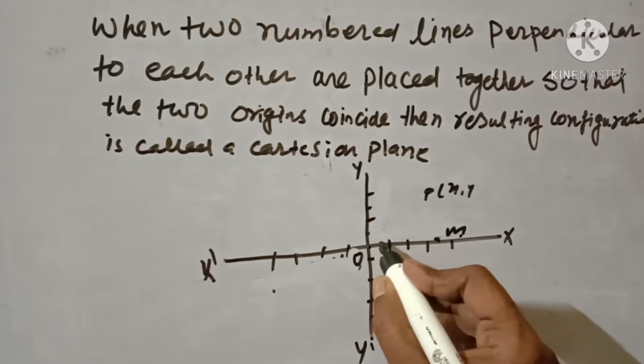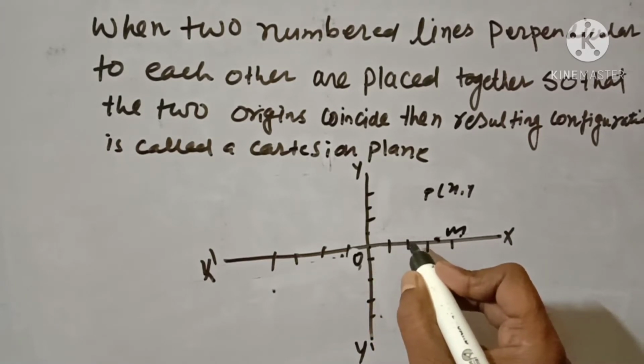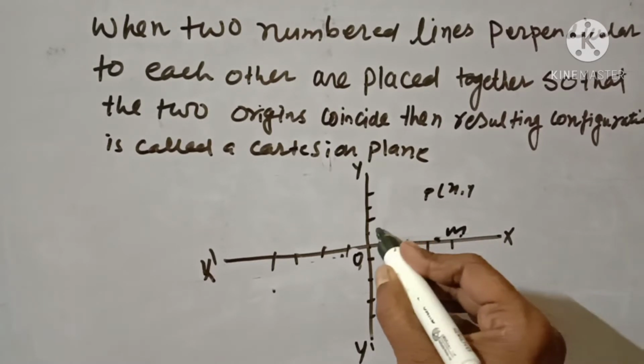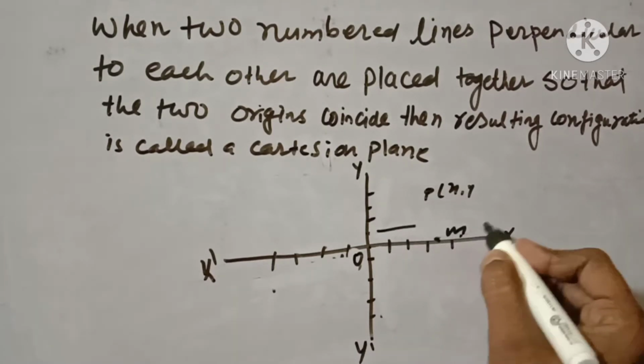OM is called the x coordinate or abscissa.